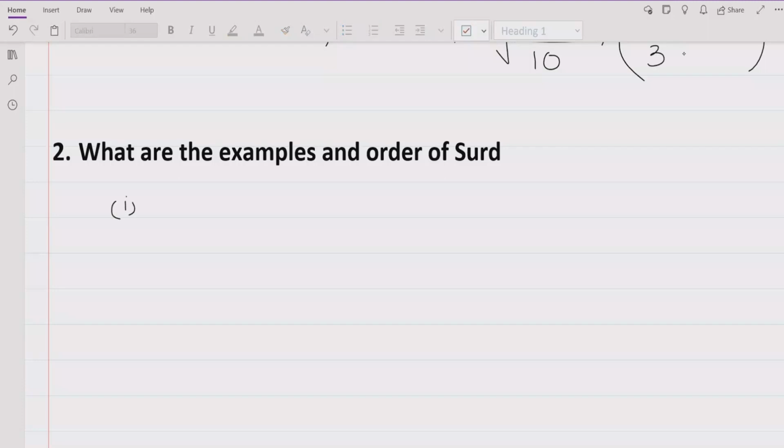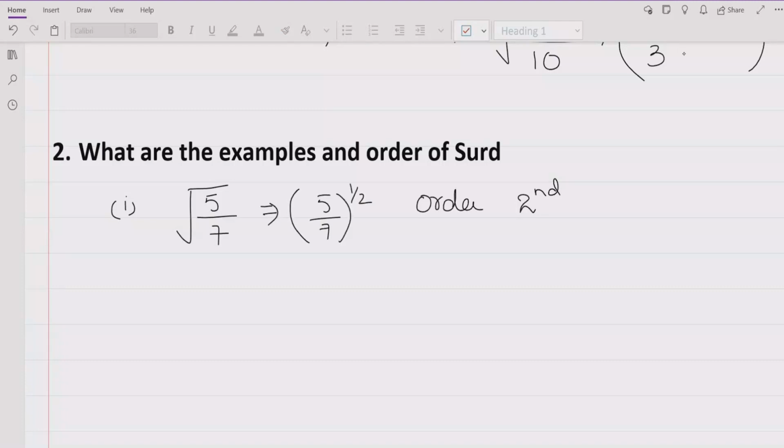Example number 1 is 5 upon 7, which we can say is a surd. If we talk about the order of this surd, the order is second. Why is it second? It is because in the radical sign we have 2. If we write 5 upon 7, we can write it like this, 1 upon 2.